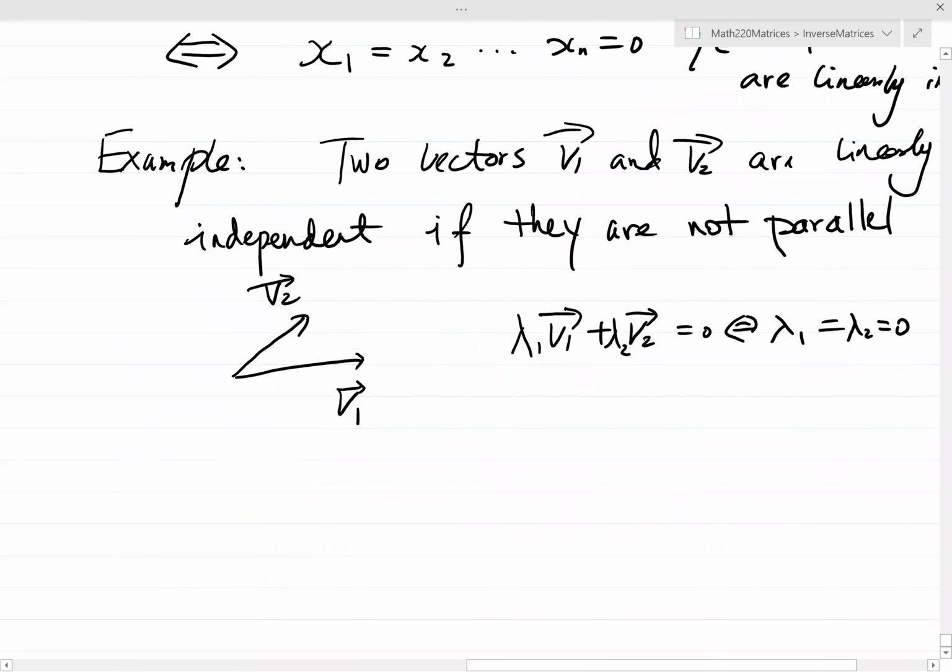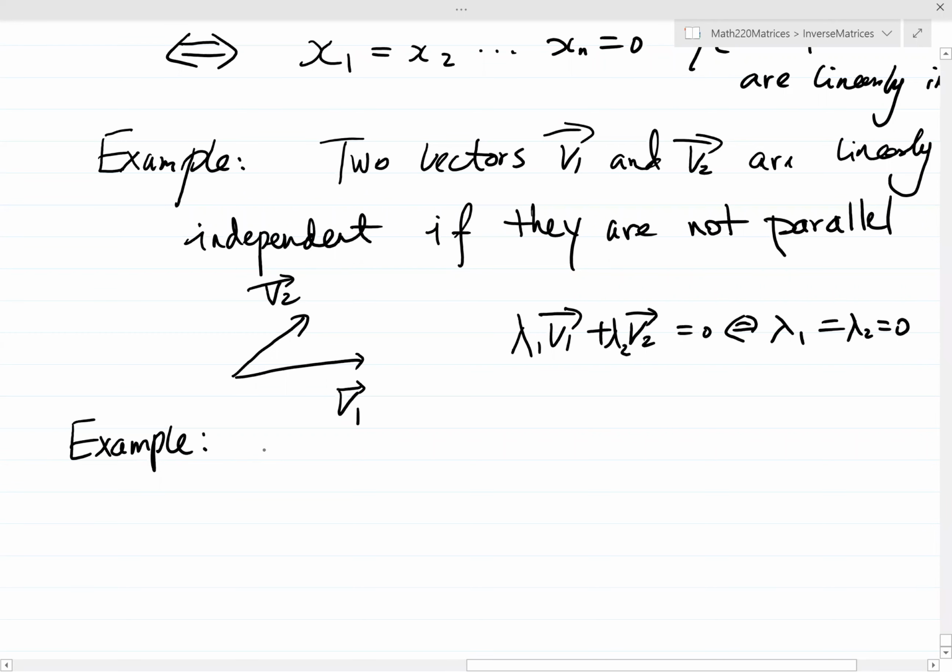Now, for example, if we have three vectors, then they are linearly independent if they span a three-dimensional space. If they are linearly dependent, which means they do not span R3, they should lie in a plane.